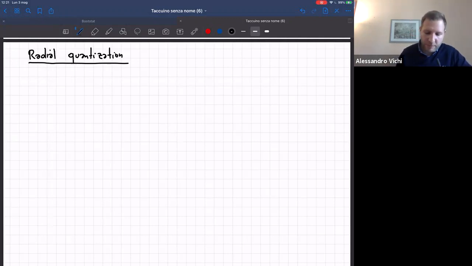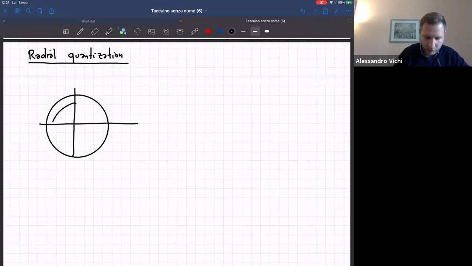So for this reason, it's better to foliate your space not with slices of constant value of a coordinate x or t, but it's better to use concentric spheres, or in 2 dimensions concentric circles. And this is indeed the concept of radial quantization. So we will foliate our space with concentric spheres. Okay?